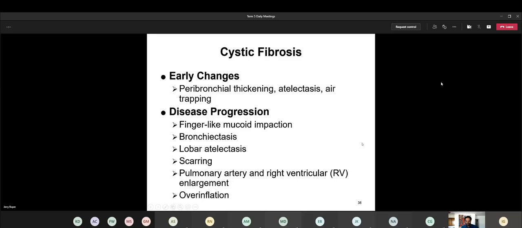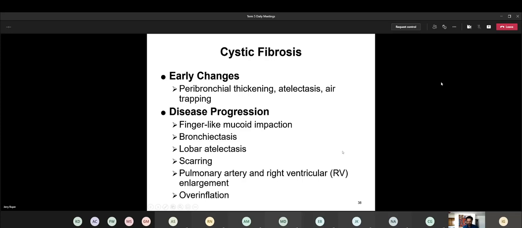And so that's one of the things that you would expect to see on X-ray with someone who's got really bad cystic fibrosis. You'd expect to see a lot of atelectasis. And also, if there is any kind of air trapping going on, you should see areas that are really dark. So almost like a mixture of these kinds of issues. You've got the air trapping, and then you've also got the atelectasis on top of that.